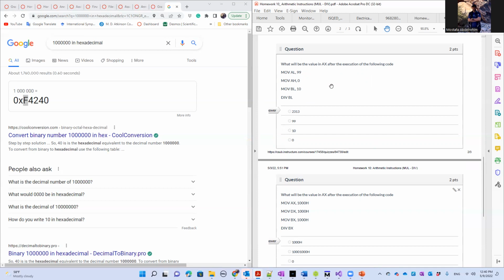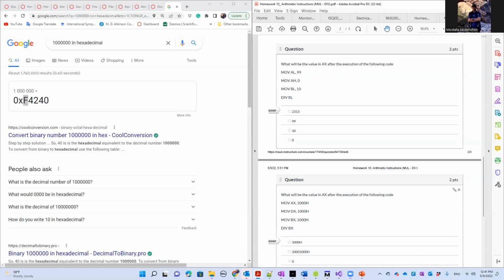Basically here, the quotient goes to one of AH and AL. So if we go back to the lecture and review this, the quotient basically goes to AL and the remainder goes to AH.